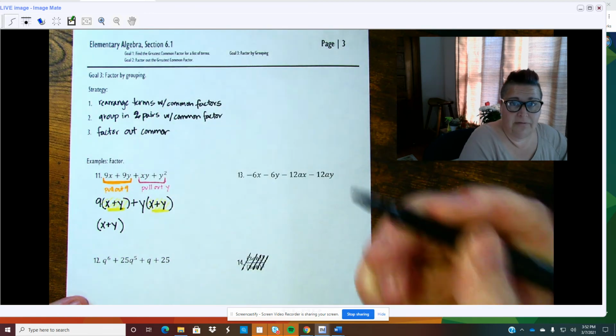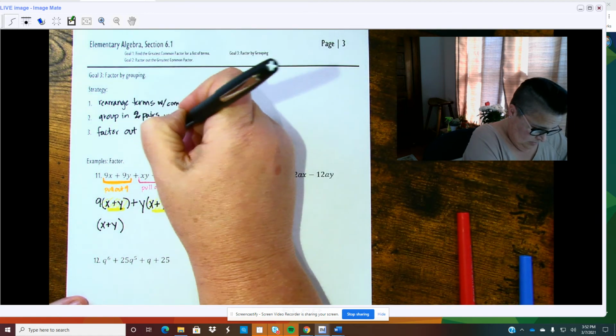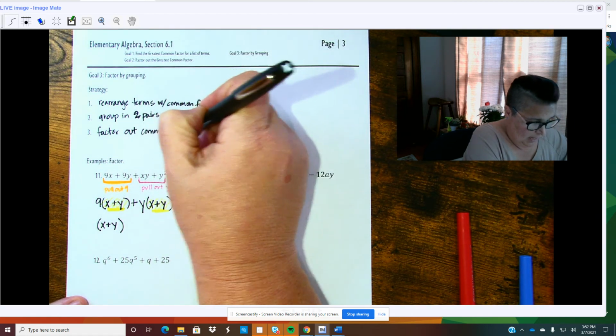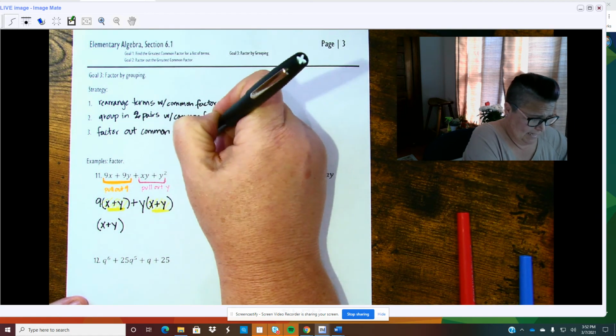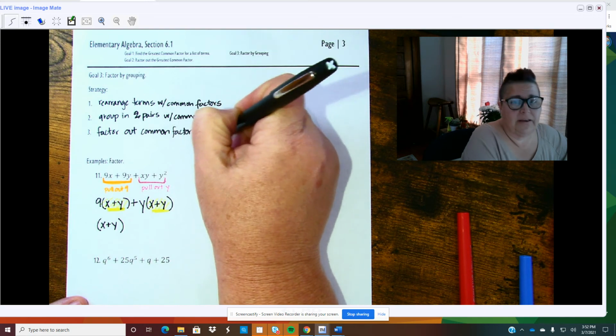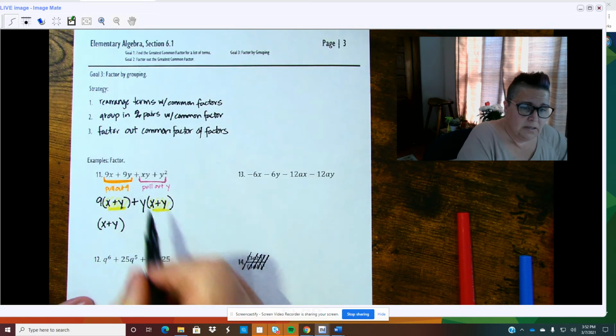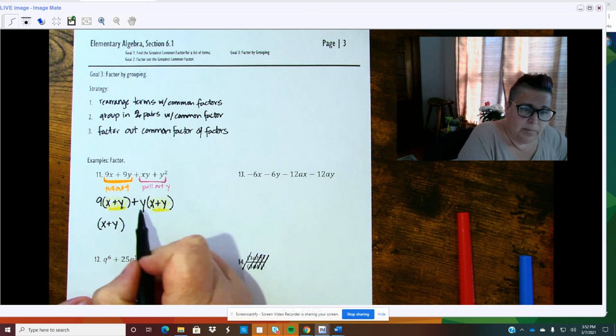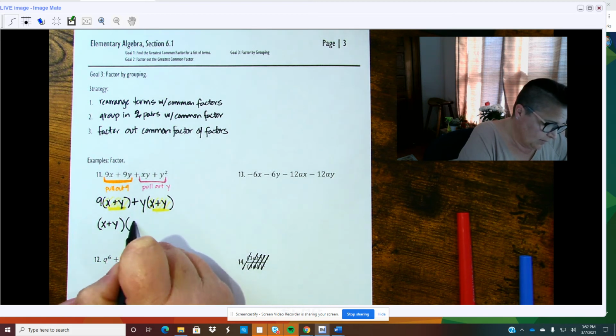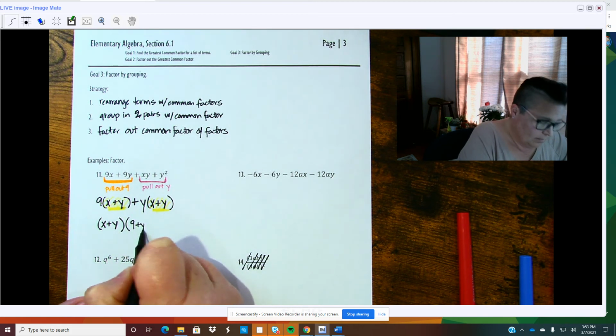Factoring out the common factor of the factors. Oh, that's confusing, Amy. Yeah, I'll see if I can figure out a better way to say it in a minute. So now I'm going to take that x plus y and pull that out front, and that's going to leave me with 9 plus y.